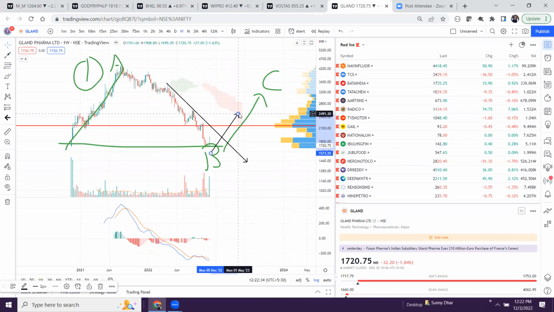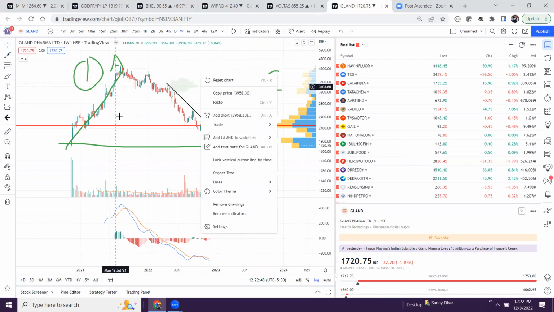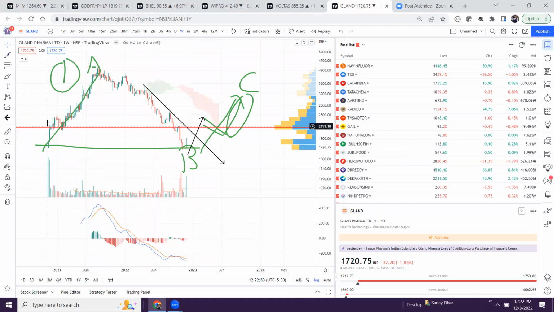So if you get an impulse followed by a correction, you will trade this. But also remember, long-term investment is not possible here as of now, because this is a correction and not an impulse.